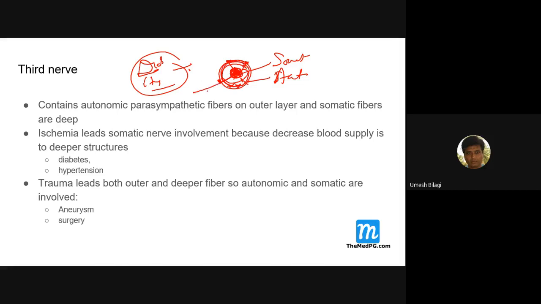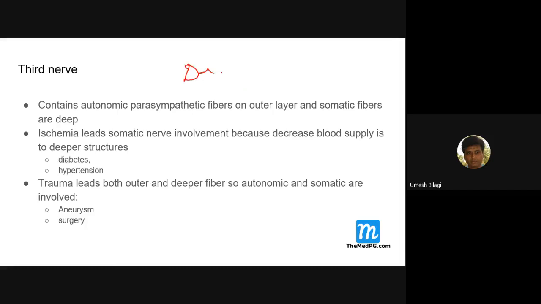But if there is trauma, imagine cutting, pressing, an aneurysm pressing, an injury, that would cut anything and everything, and the autonomic fibers are not spared. So diseases like diabetes and hypertension will cause autonomic sparing, because the surface is spared.